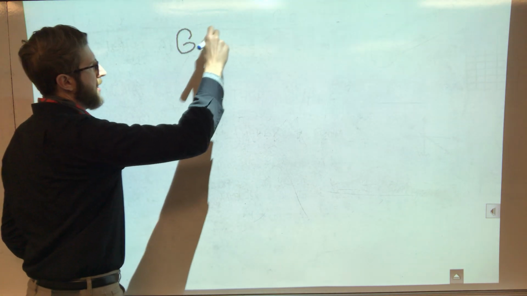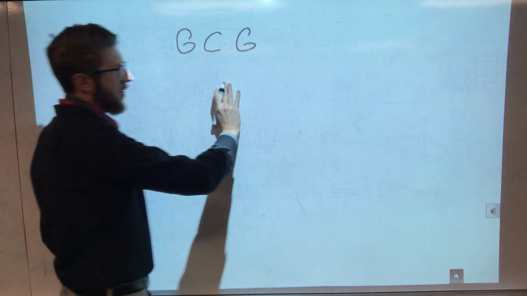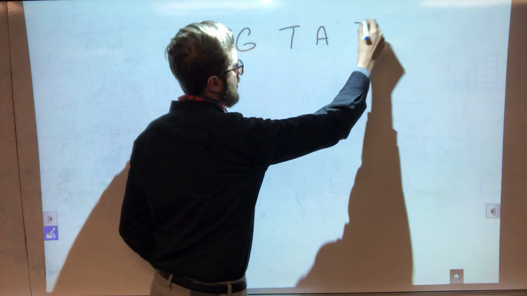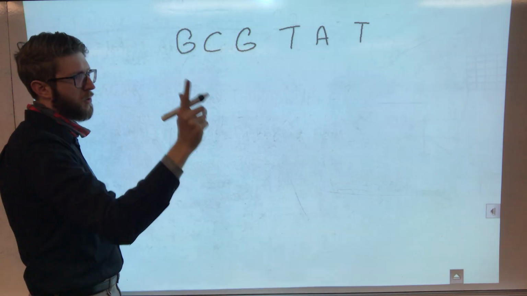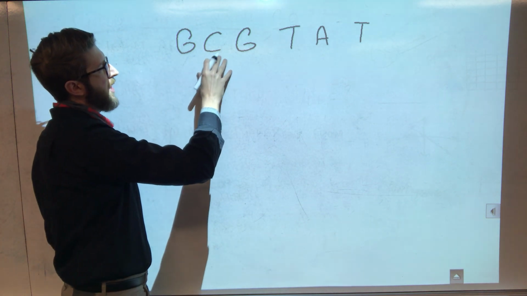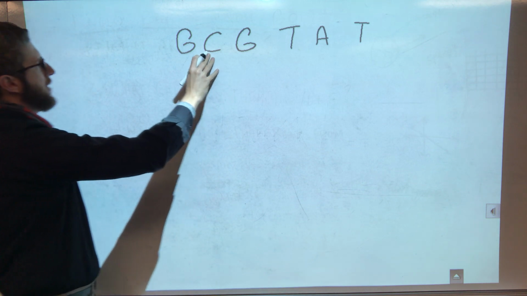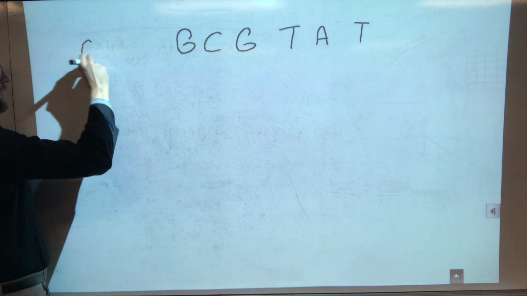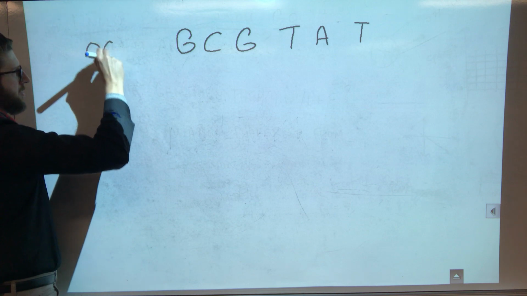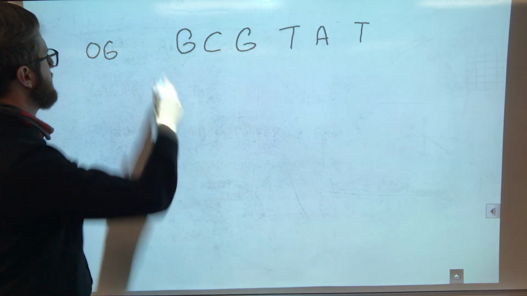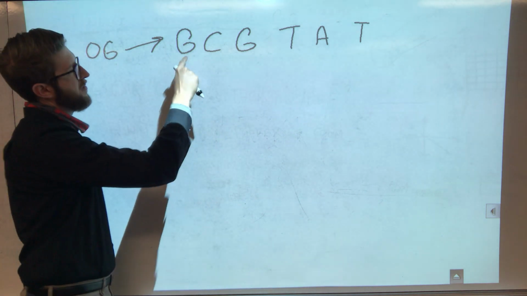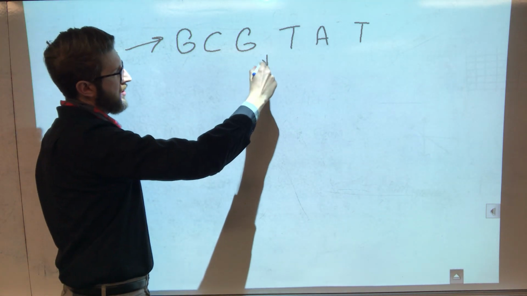So let's say, once again, that this is your DNA strand, okay? We're just looking at one of the two. We don't need to look at both strands, all right? So if this is what it's supposed to be, let's call this the original, or OG for short, okay? The original strand of DNA. And I make a copy of this.